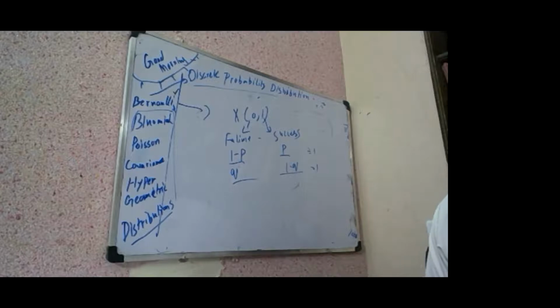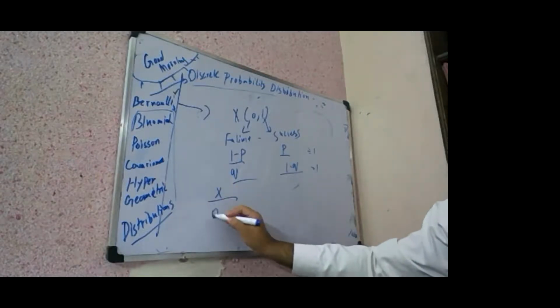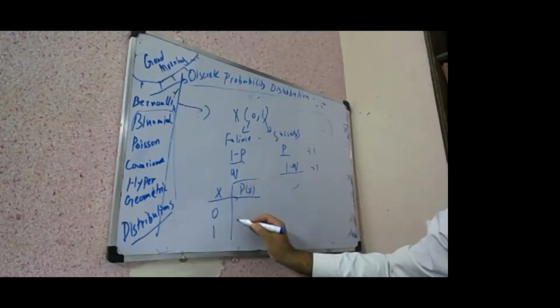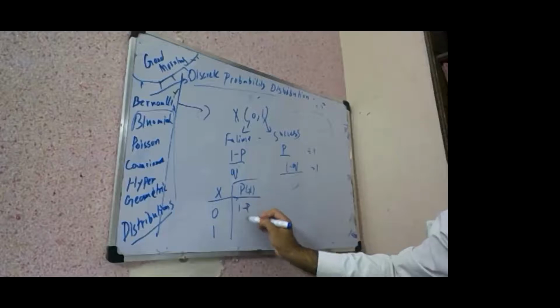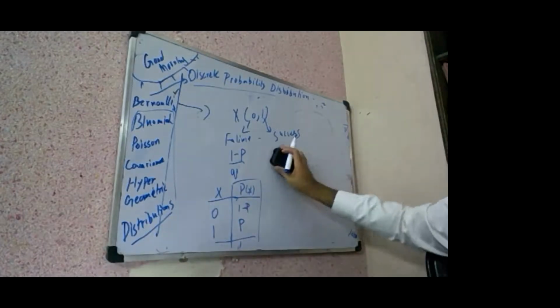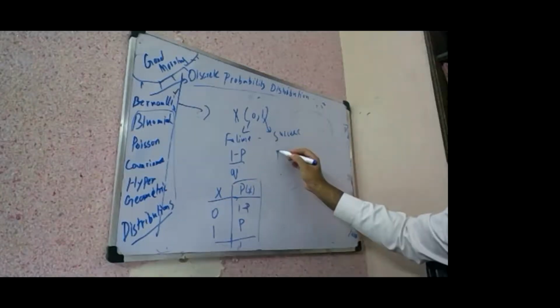If we have a Bernoulli distribution, we can write generally in this form, x is 0, 1. What is the probability distribution of x? It is 1 minus p, and total is 1. Now we have a probability mass function, and we know that our probability mass function is what?